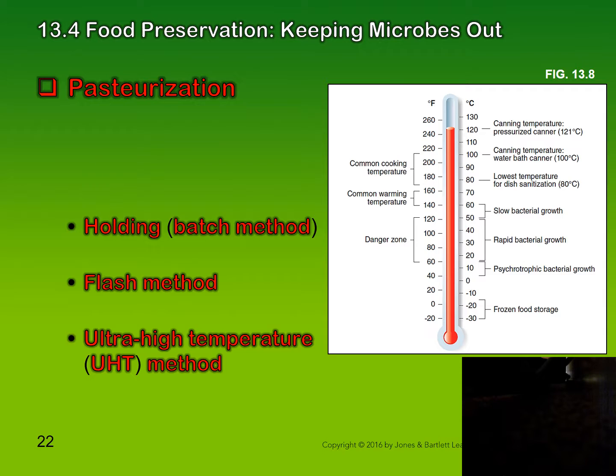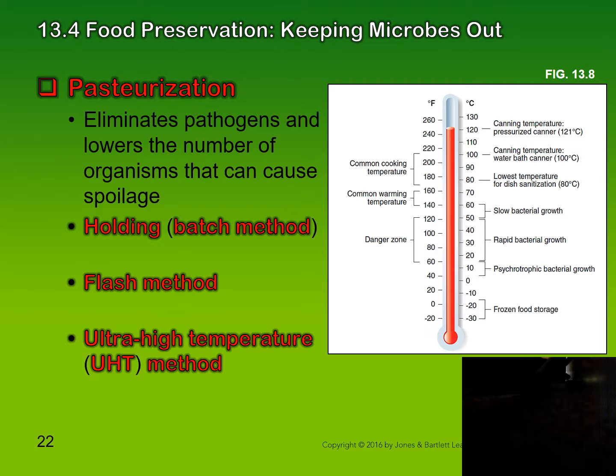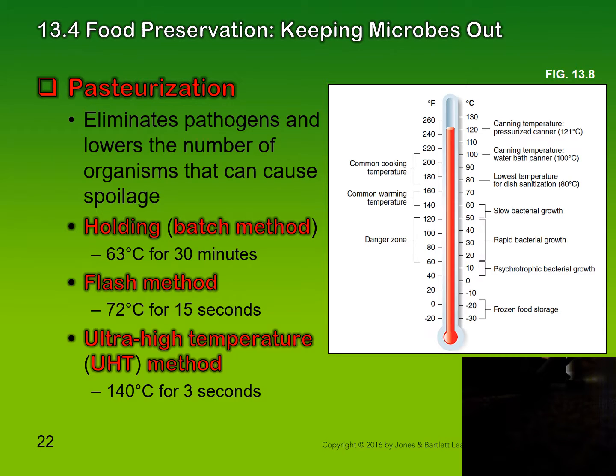And you can also do an ultra high temperature method, which a lot of times will sterilize the food, but you raise to a very high temperature, but for a very, very short period of time. And there are just the temperatures that we went over the other day.